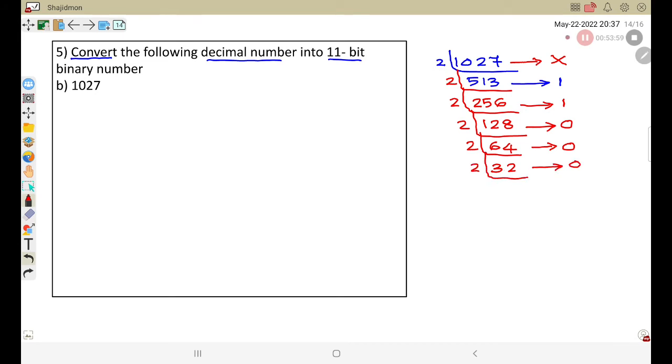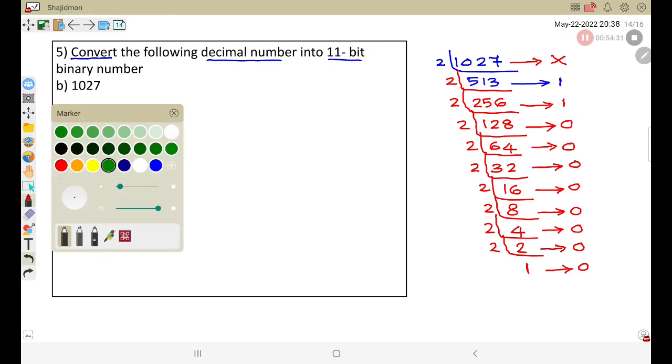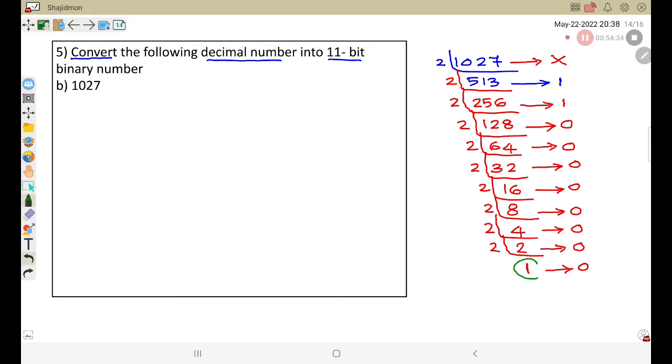Again 32 divided 2, 16. Remainder is 0. Again 16 over 2, 8 times. Remainder is 0. Again 8 divided 2, 4 times. Remainder is 0. And 4 divided 2, 2 times. Remainder is 0. Again 2 divided 2, 1 times. Remainder is 0. Don't forget this bit. Now we can stop here once you go to 1.